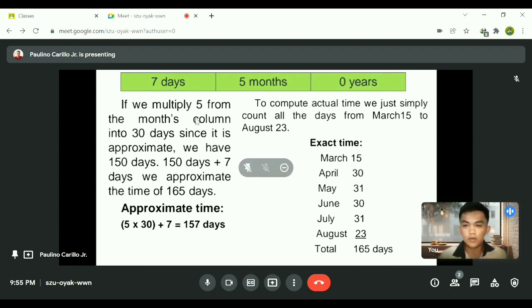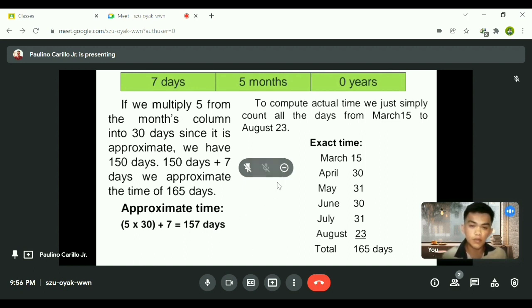Now, if you multiply 5 by 30 days, we have 150 days. And add the 150 days plus 7 in our days, since 23 minus 16 is 7. Then our approximate time is 157. So that is our approximate time.